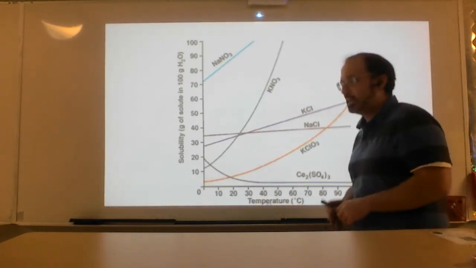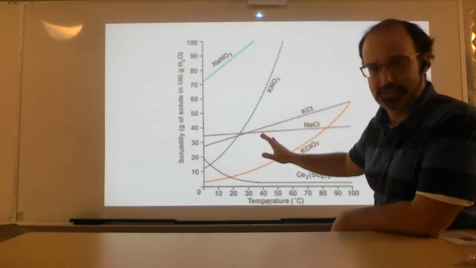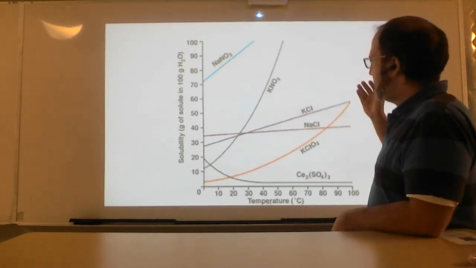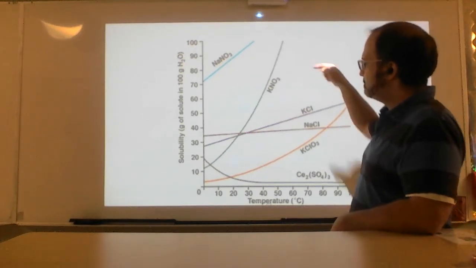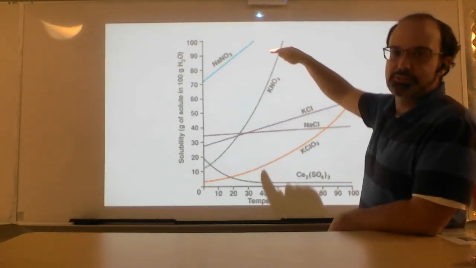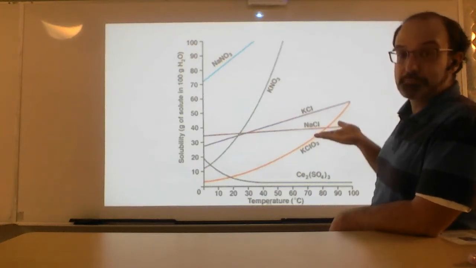So when you're trying to find anything on one of these graphs, first things first, figure out which material you're looking at. That other one there was potassium nitrate. Well, here's potassium nitrate right there, this one. So this is the only curve that is the same as the other one we were just looking at. The rest of this is unnecessary information.